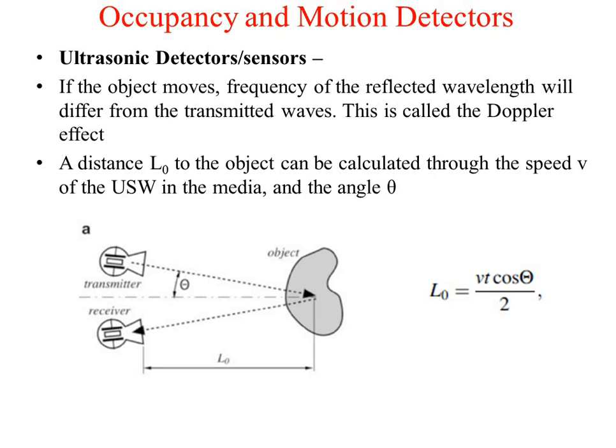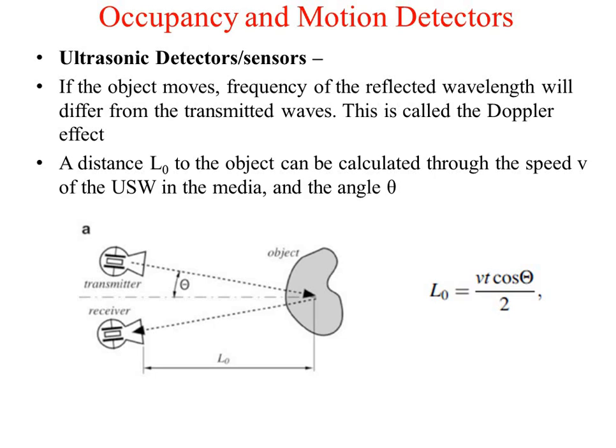The distance L0 will be calculated by this formula, where v is the speed of the sound that you are transmitting, t is the time required to reach the receiver, and theta is the angle between the plane and the transmitted wave, divided by 2.